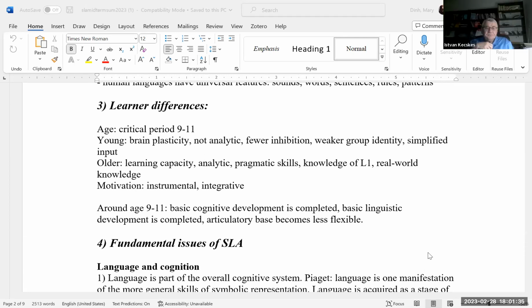Pragmatic skills? Yes. So as far as pragmatic skills, these are language use skills. Today we mentioned that it's one thing that you know the structure of the language, you can apply the rules of the language, but it's another thing how you use this knowledge in the actual communicative process.